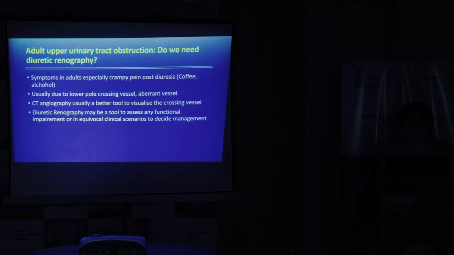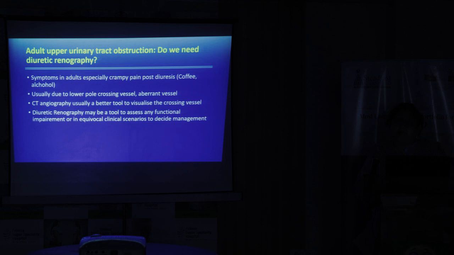Now, in adult upper urinary tract obstruction, do we need diuretic renography? Usually not, because most of these patients have an obstruction due to a renal calculus, which you can see very nicely on an X-ray or a CT, and you don't really need a renogram.